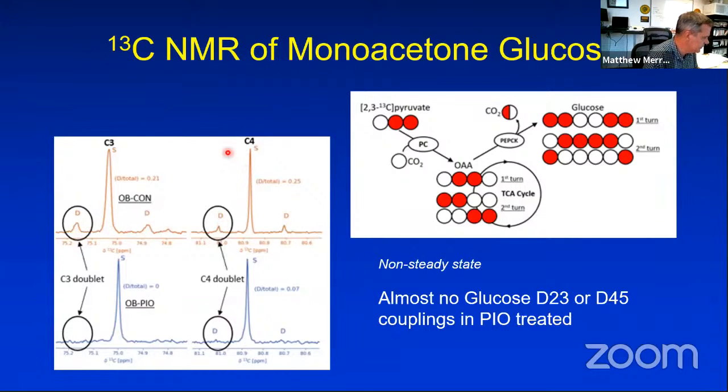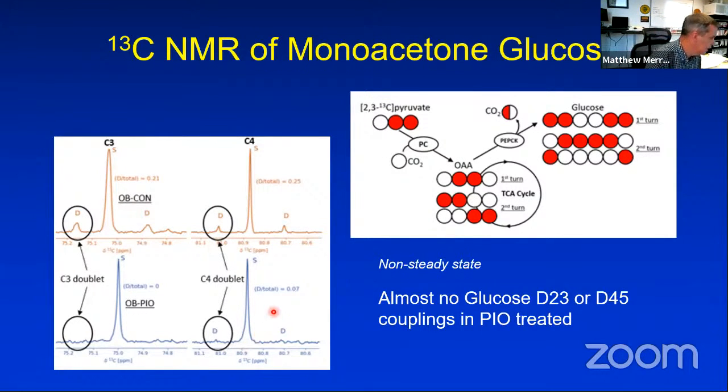And you can see it in the C3 and the C4 position. And in the PO, you see that it's essentially invisible. If you've looked at this forever, you can see that that's a doublet right there. I could probably pick that out as a doublet. But that's really very poor enrichment.